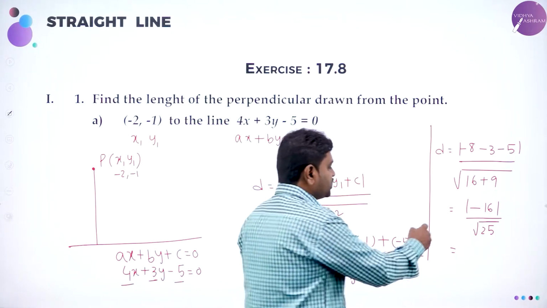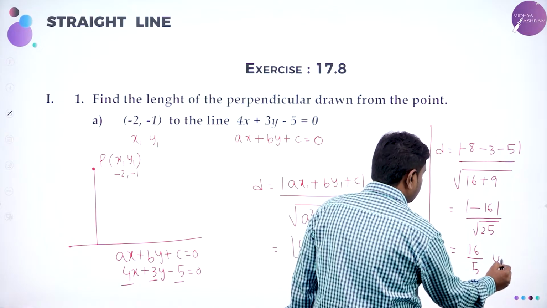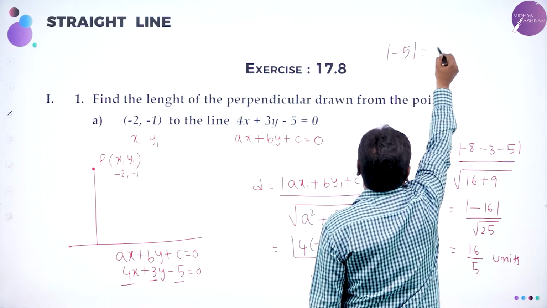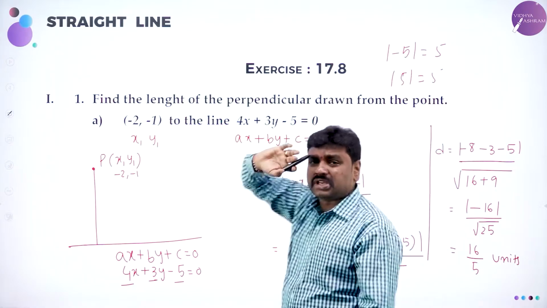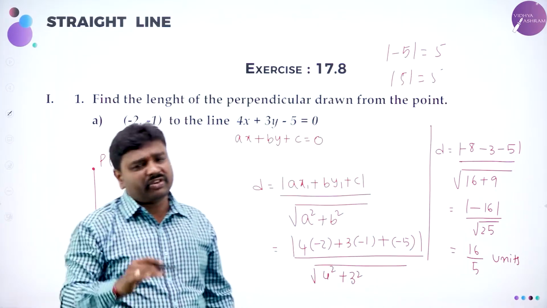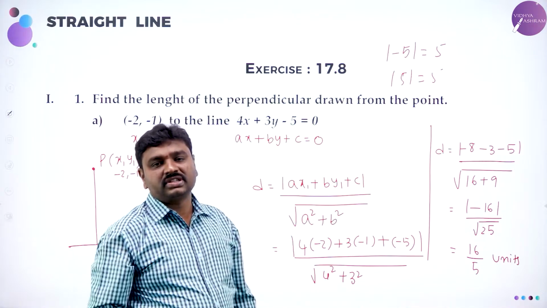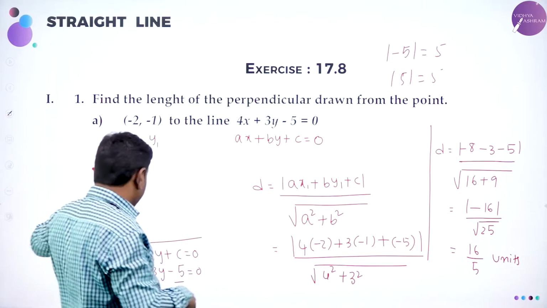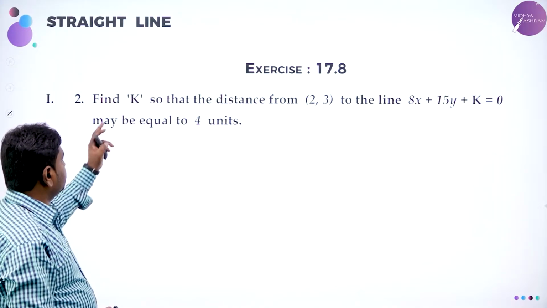So modulus of minus 16 means positive 16 divided by root 25, which is 5. 16 by 5 units. Dear students, mod of minus 5 is 5. Mod of 5 is also 5. So modulus means absolute value. If it is negative, make it positive. If it is positive, leave it as positive. That's it. Now 16 by 5 units is the length of the perpendicular, or the distance of this point from the line. Both are the same.